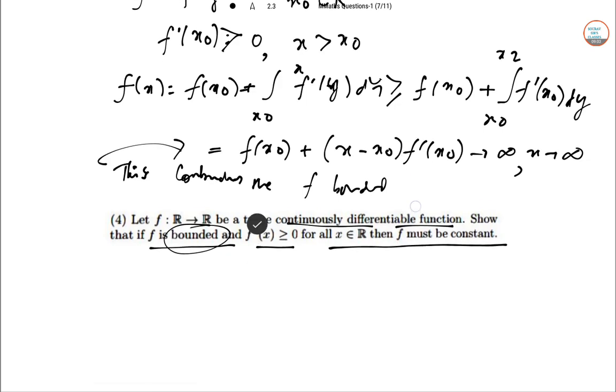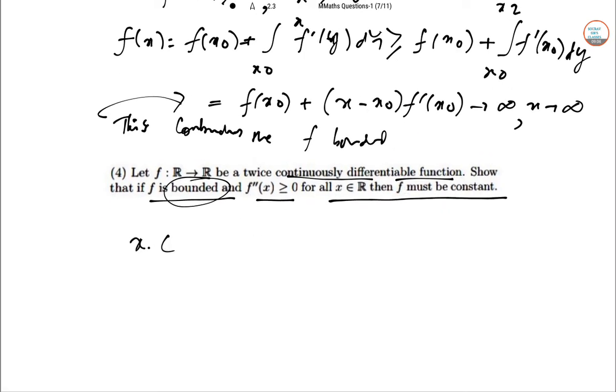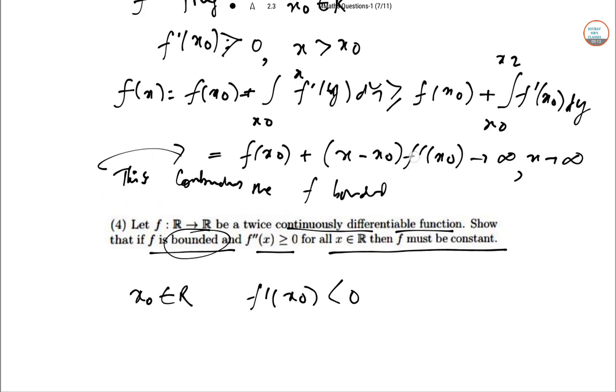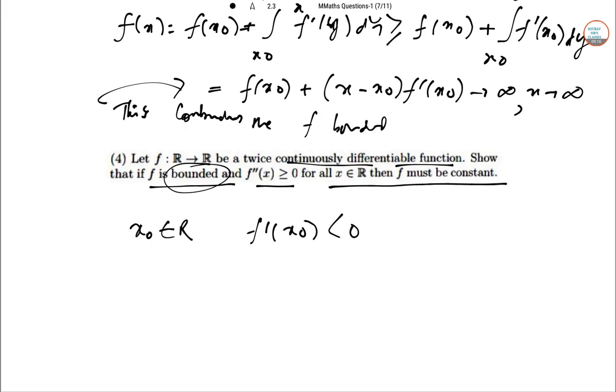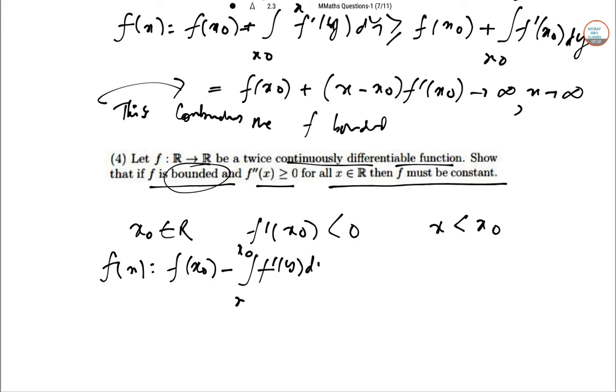Now assume that there exists x0 in R such that f'(x0) is negative. Earlier we took positive, this time we take negative. So for x less than x0, f(x) equals f(x0) minus the integral from x to x0 of f'(y) dy, which is greater than or equal to f(x0) minus the integral from x to x0 of f'(x0) dy.